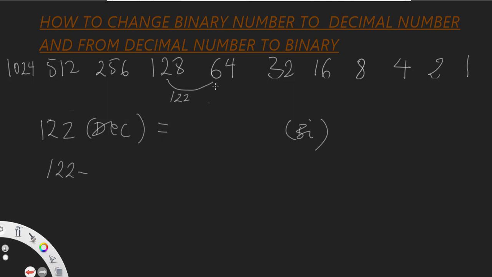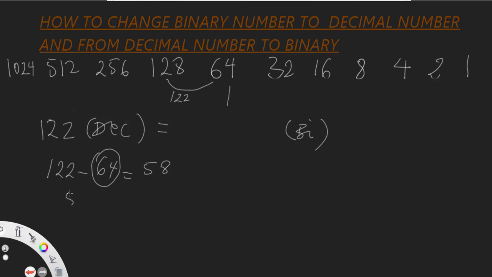So what you'll do is 122 minus the number that is after, which is 64. So your answer will be 122 minus 64, which is 58, okay? Meaning that because you found 64 here, you mark 1 over there.